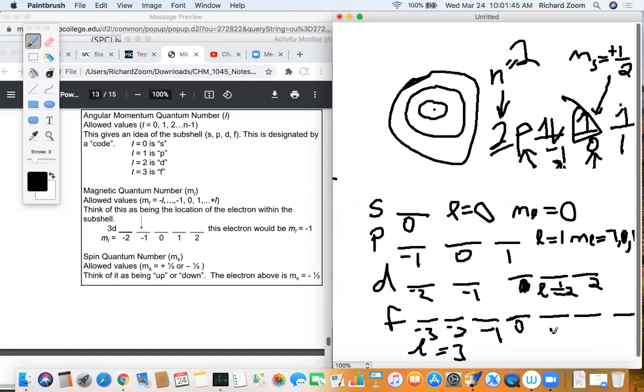That's why there's 7 orbitals in an F subshell. Okay, does anybody have any questions? That should clarify the L value for you. Let's see where you're at with that. So we're just talking about the L values here. What's your understanding of the L values like?